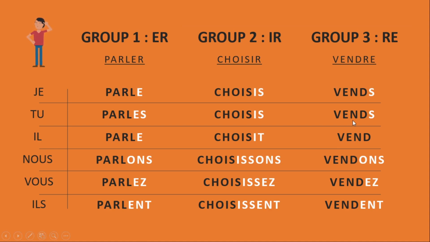And for the verb vendre, we remove the re part and we add the endings for the third group, s, s, nothing, ons, etc. Je vends, tu vends, il vend, nous vendons, vous vendez, ils vendent. Okay, so it's very important. You need to memorize this table. It's all you need when you conjugate verbs in the present tense.